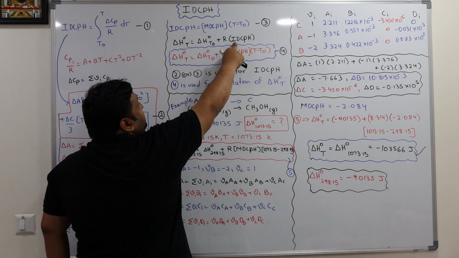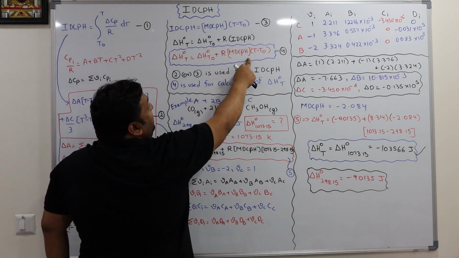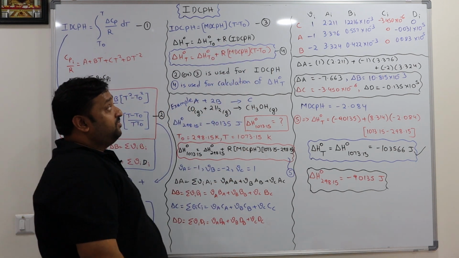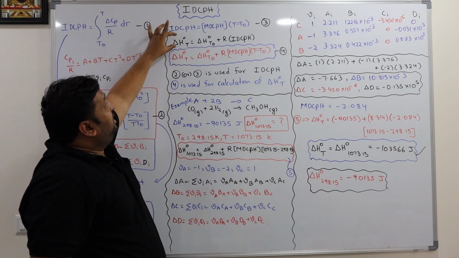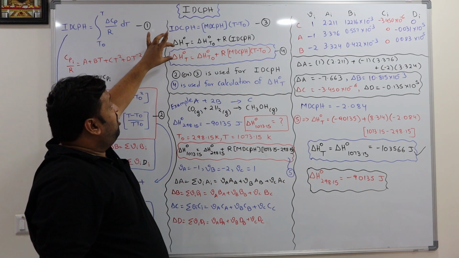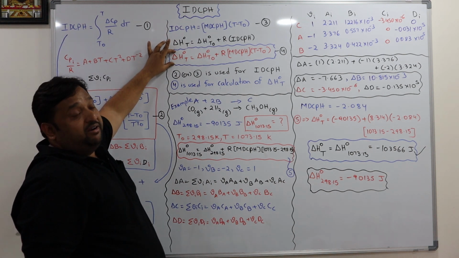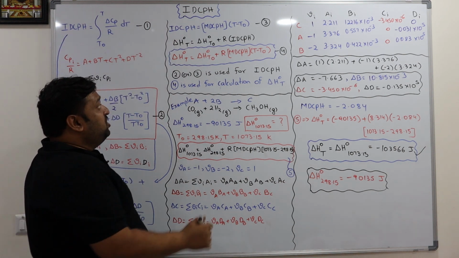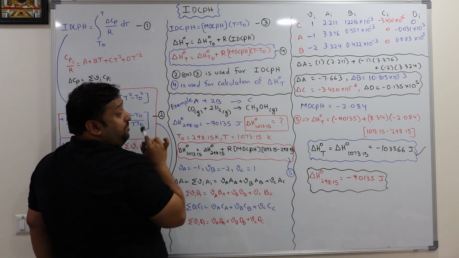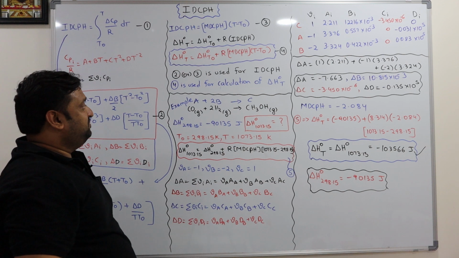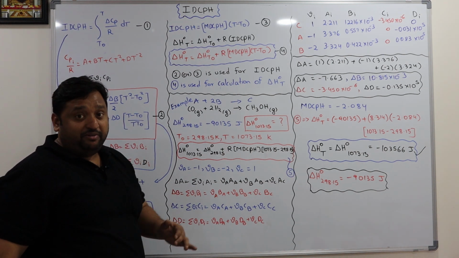This IDCPH is nothing but MDCPH into (t minus t0). Either you can use this formula or this formula to evaluate delta H. So presently we are going to use this particular formula to calculate the enthalpy of the reaction at any temperature. An example will make it more clear.